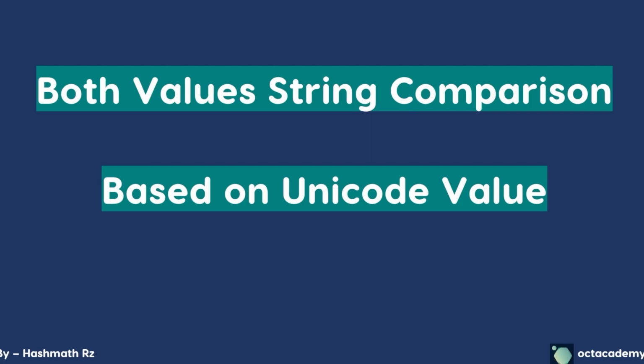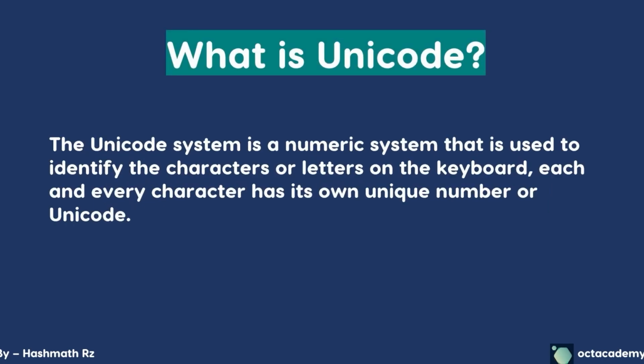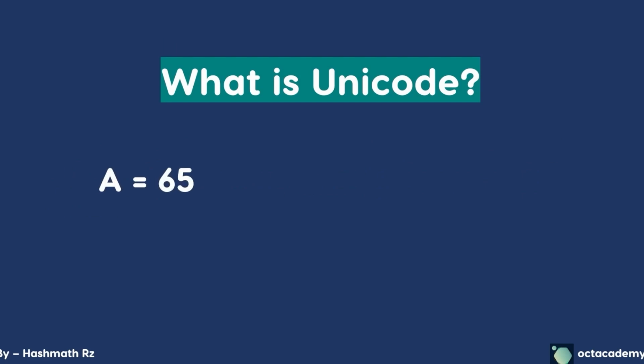Wait a minute, what is this Unicode? The Unicode system is a numeric system that is used to identify the characters or letters on the keyboard. Each and every character on the keyboard has its own unique number, or Unicode. For example, if we press the capital letter A, the Unicode for this letter is 65. This Unicode is different for uppercase and lowercase letters.